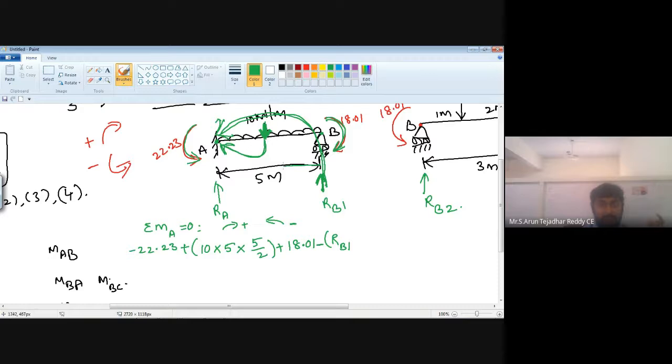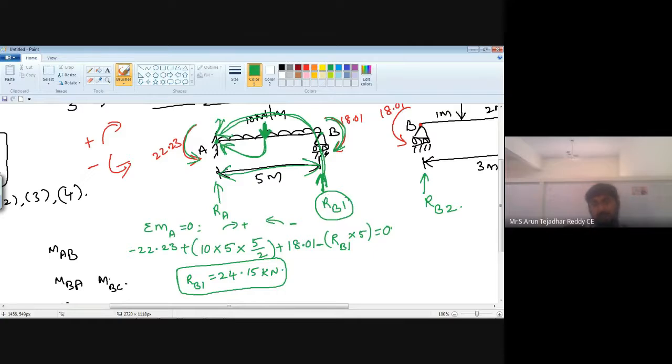We have 5 meter. 5 meter is equal to 0. Now, once you enter these values in your calculator, you will get the RB1 value. What is the RB1 here? That is 24.15 kilonewton. So from the first figure we have completed RB1.